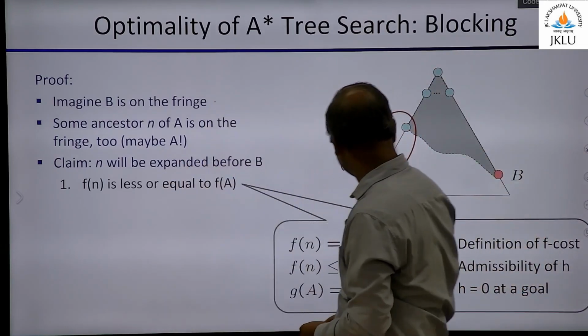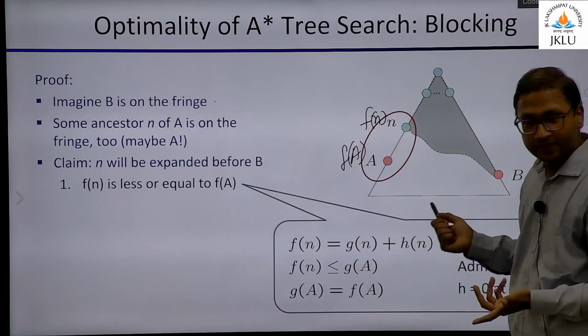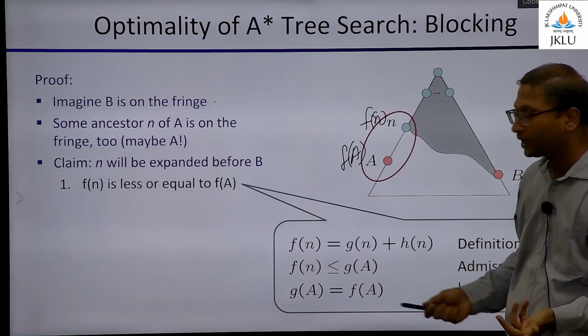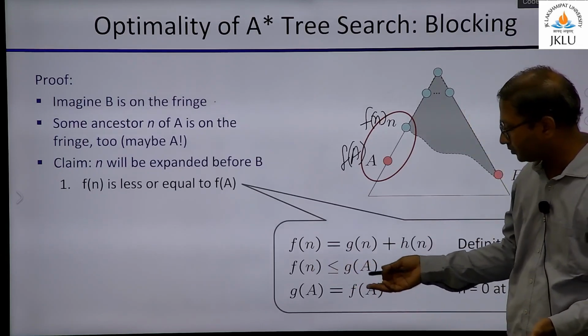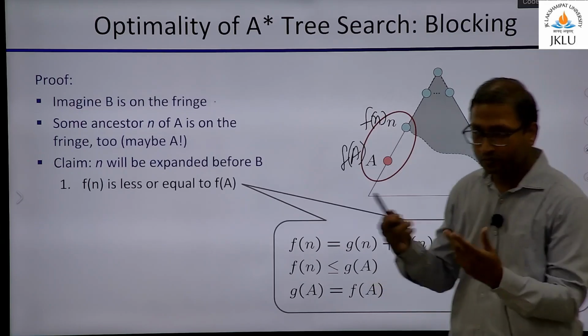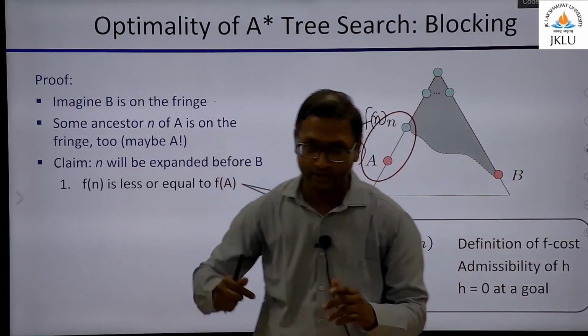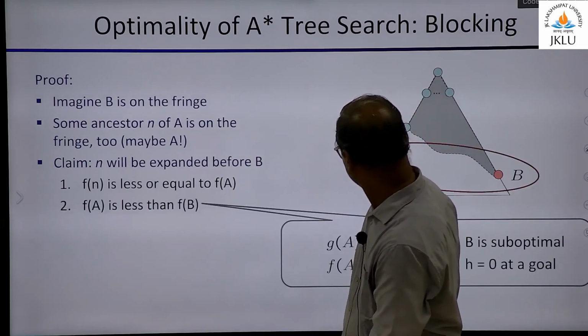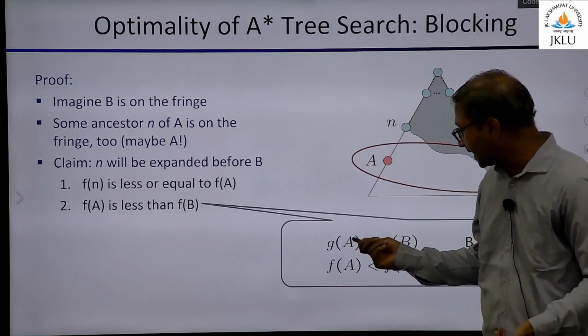Okay. So for example, Fn equal to Gn plus Hn. Now I know Fn is less than or equal to Ga. How do I know this? These small equalities, inequalities. Chalo, next. For example, how do I know Ga is less than Gb?